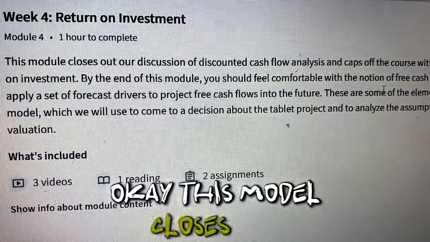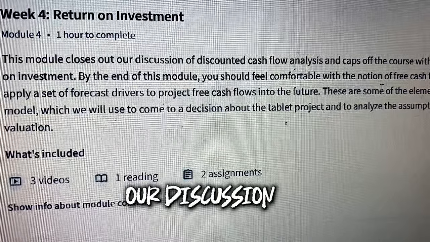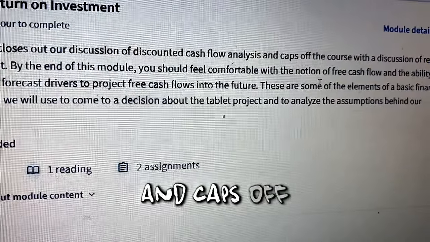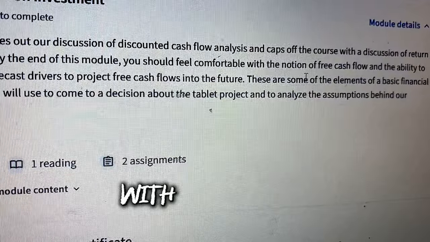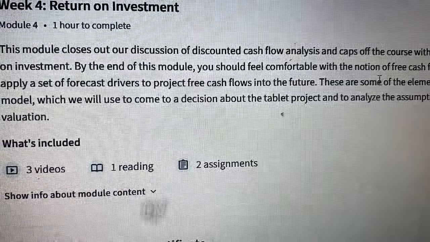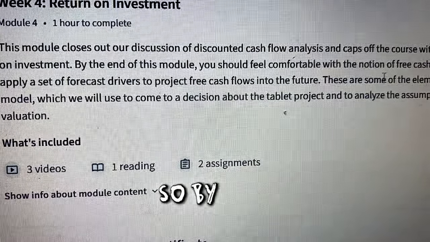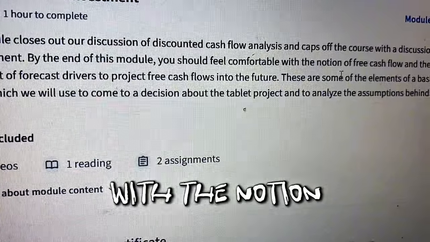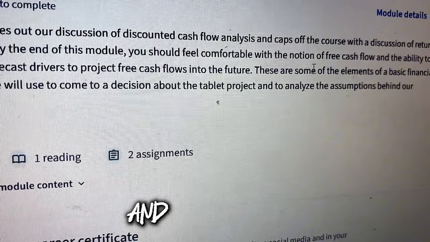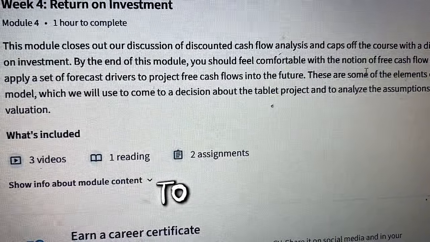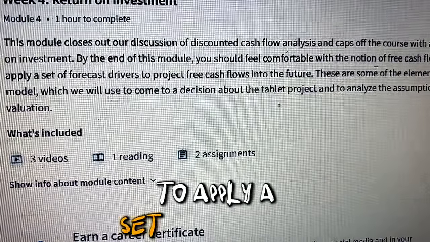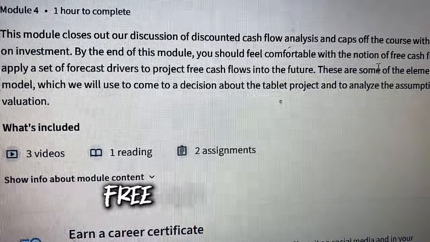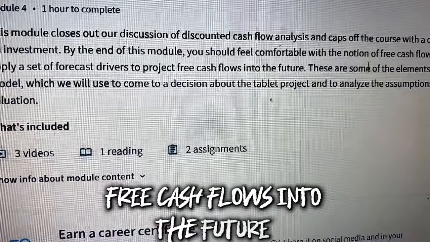This module closes out our discussion of discounted cash flow analysis and caps off the course with a discussion of return on investments. By the end of this module, you should feel comfortable with the notion of free cash flow and the ability to apply a set of forecast drivers to project free cash flows into the future.